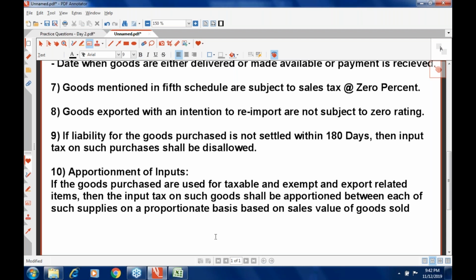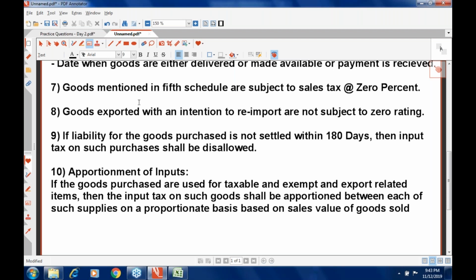So let's try to understand this concept. It says if the goods purchased are used for taxable, exempt and export related supply, so if the goods are being used for multiple things, then the input tax on such goods shall be apportioned between each of such supplies on a proportionate basis based on sales value of the goods sold.